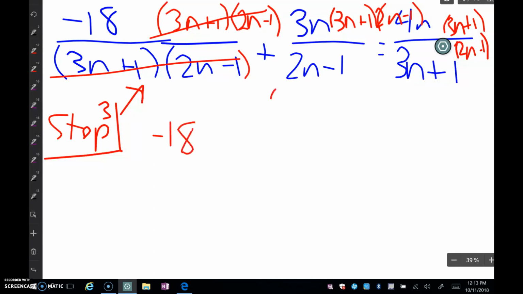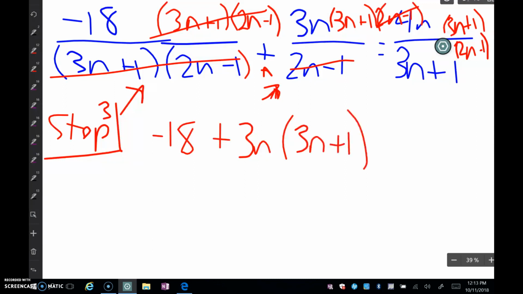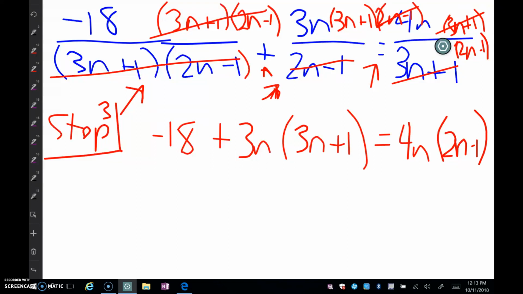You move to the second fraction, the 2n minus 1 cancels, so it leaves me with plus 3n times 3n plus 1, and then we've got an equal. And if you look at my last fraction, the 3n plus 1 cancels, leaving me with 4n times 2n minus 1. And so my fraction is gone. So it makes this a lot nicer to do.